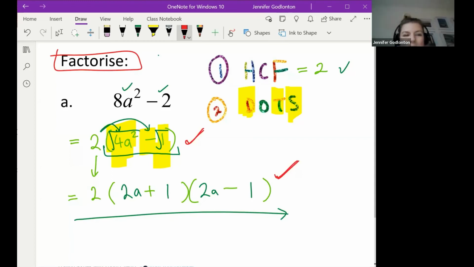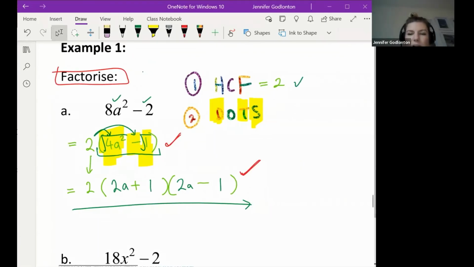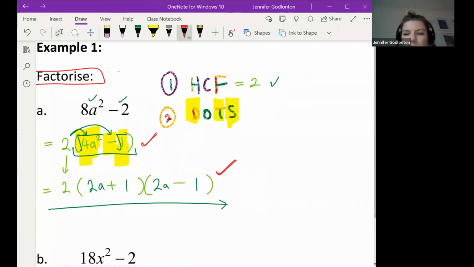Camila, can I help? Do you have a question? Ma'am, how do we know when to use these methods? So whenever you get a factorization question, we're going to learn a third one eventually. The first thing you always look for is, is there a highest common factor? If there isn't, then you say, can I do difference of two squares?